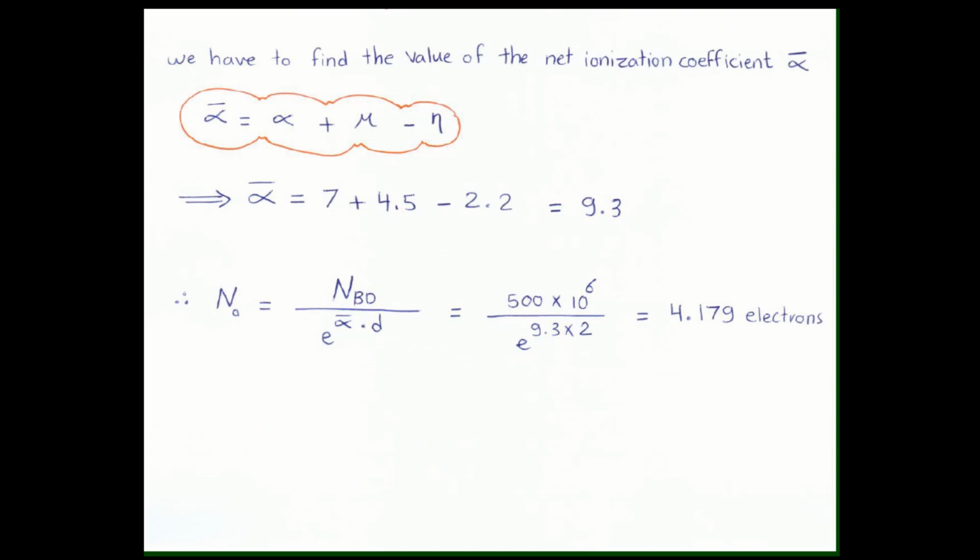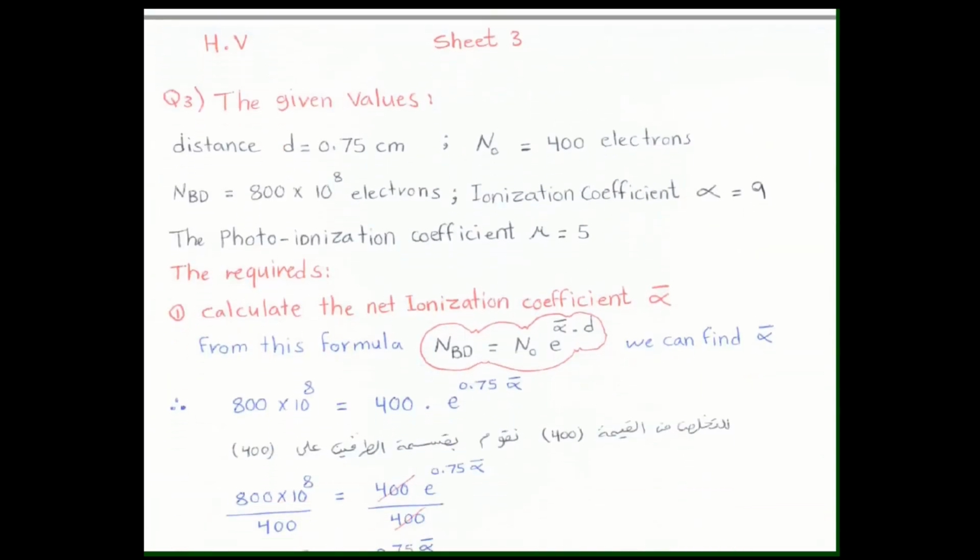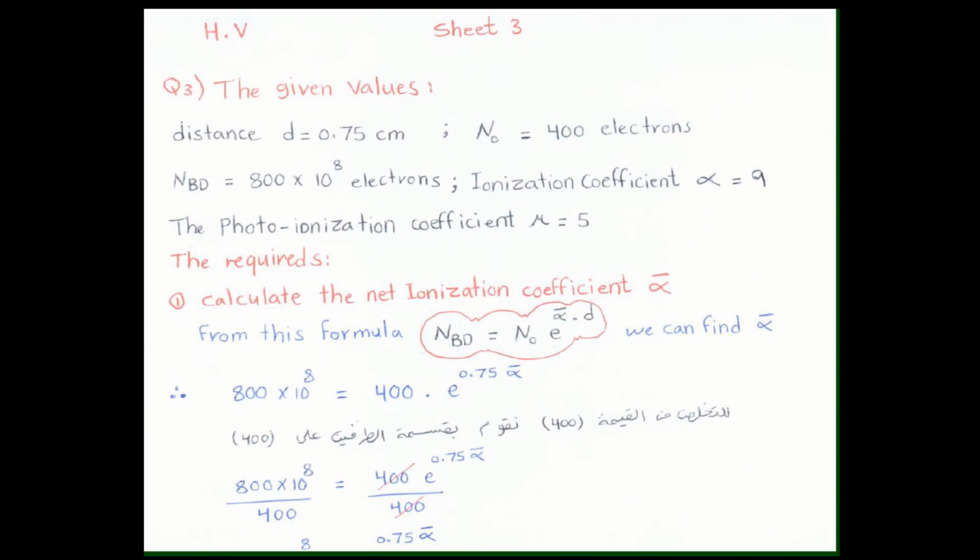Okay, so as I said, in any question I have to write the given values: the distance d equals 0.75 centimeter, the initial number is 400 electrons, NBD is 800 into 10 to the power 8, the ionization coefficient is 9, and the photoionization coefficient is 5.